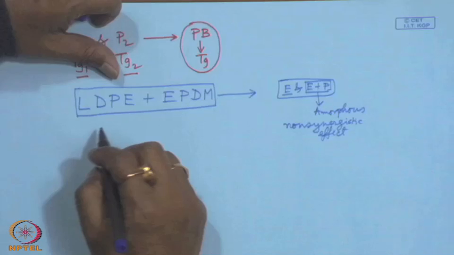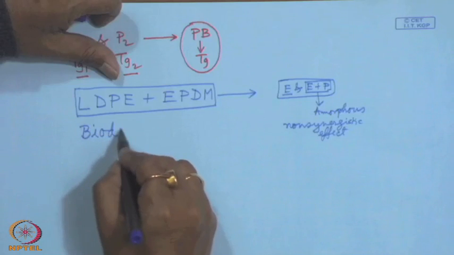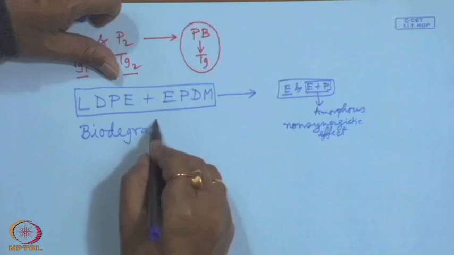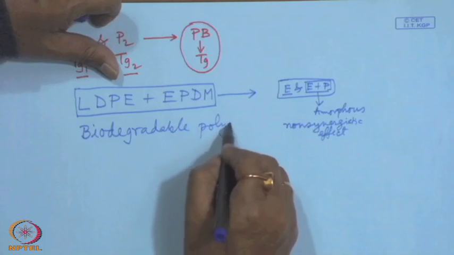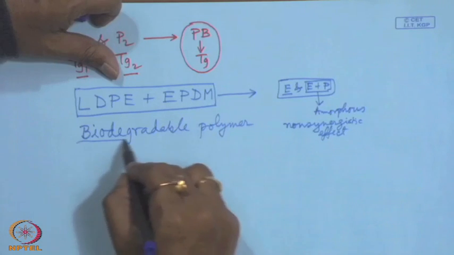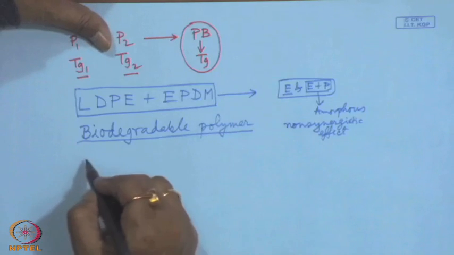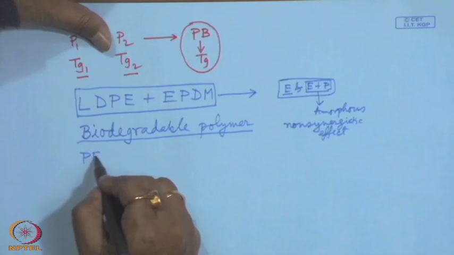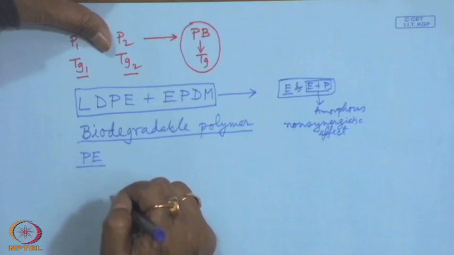Say, in case of biodegradable polymer, people tried to develop biodegradable polymer from polyethylene. As such, polyethylene is a non-biodegradable polymer.